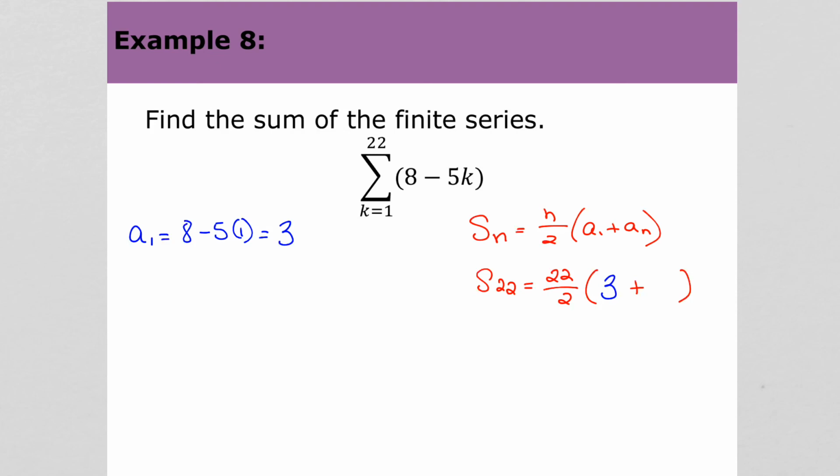And to find the 22nd term, I think it'll work out this way where we don't have to find d. We'll just do 8 minus 5 times 22, and that gives us negative 102.